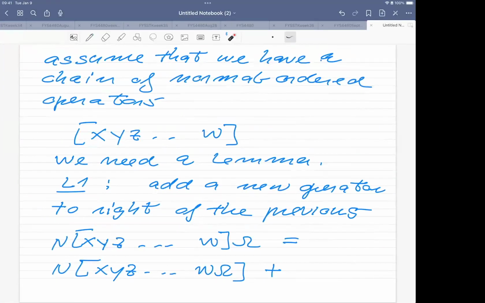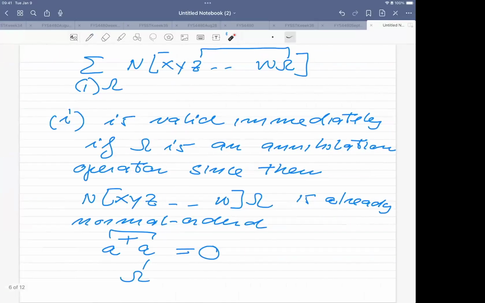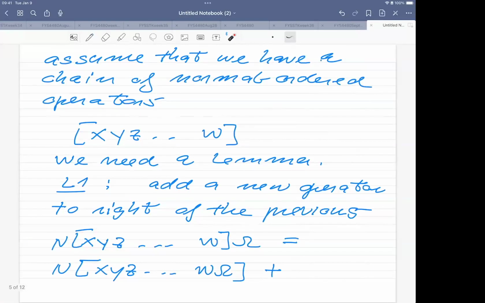So if we have a chain of operators here, which has been normal ordered, and this chain contains only annihilation operators, then if I add a creation operator, I can still rewrite this in terms of the set of all contractions here between the new operator and all the other ones, plus a standard normal ordered form.